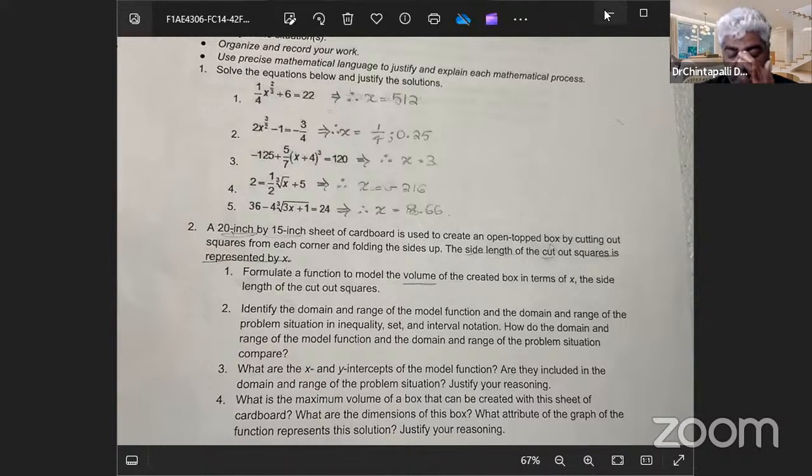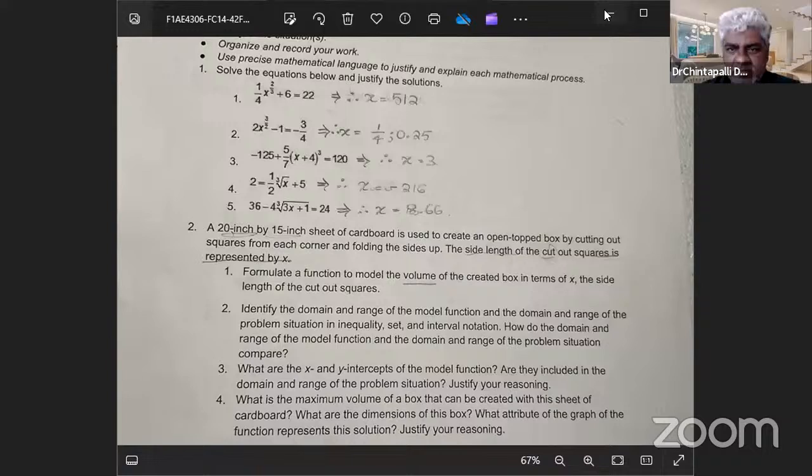Let that function be f of x: (20 minus 2x)(15 minus 2x) into x. It is the model function.